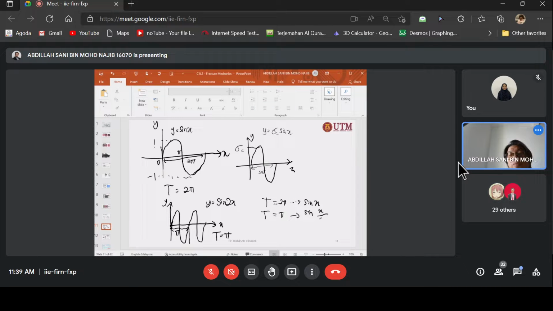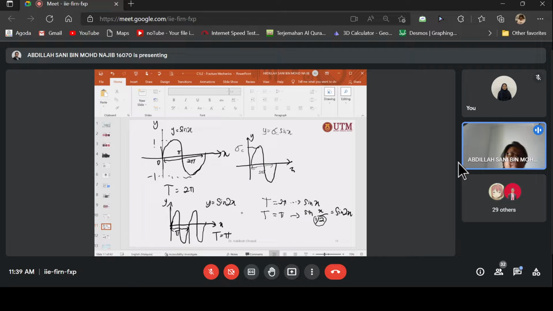I think you have learned this before. So if your T becomes pi, your function is sine 2x instead of sine x.